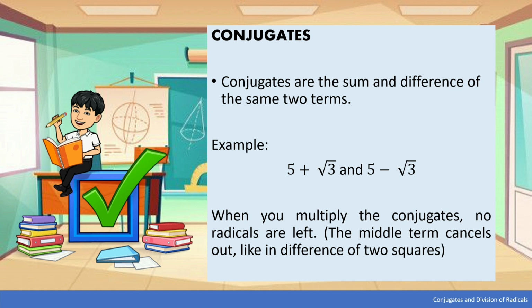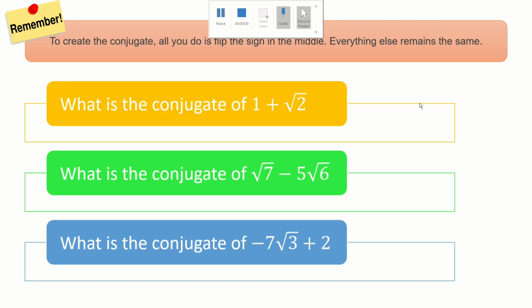For example, we have 5 plus square root of 3 and 5 minus square root of 3. When you multiply the conjugates, no radicals are left. The middle term cancels out like in difference of two squares. Remember, to create the conjugate, all you do is flip the sign in the middle and everything else remains the same.